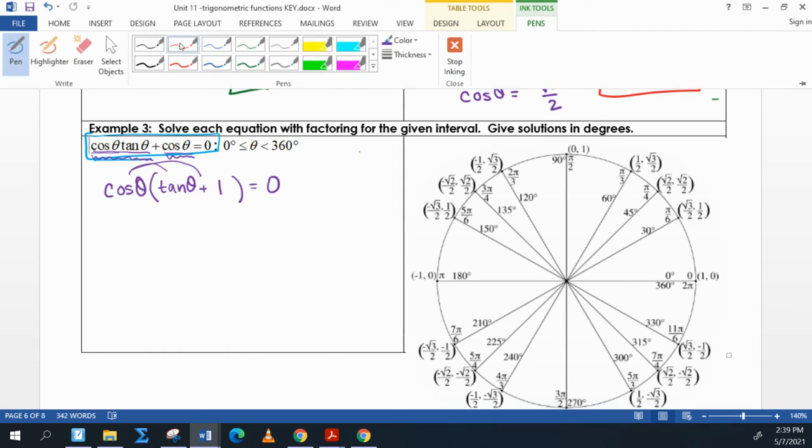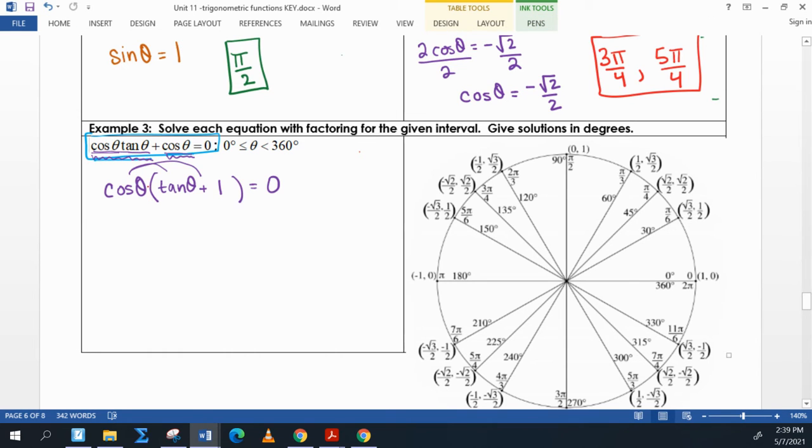Now, what this means is that by factoring, you now have a product. You have two things that multiply to give you 0. And we've got a really cool property, the zero product property, that says that if two things multiply to 0, that only works if one is 0. So it would work if this cosine of theta is equal to 0, so we're going to set that equal to 0 because 0 times anything is 0.